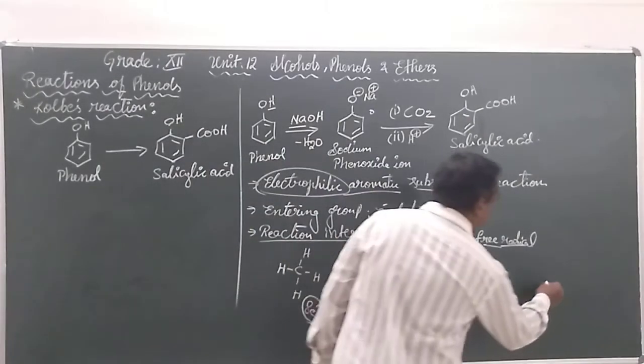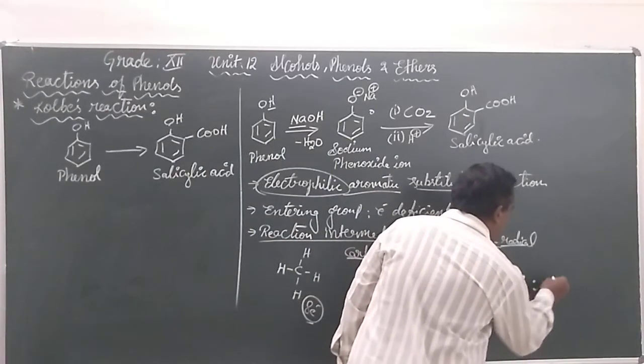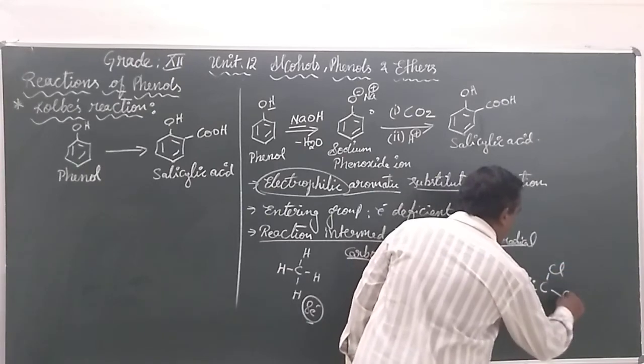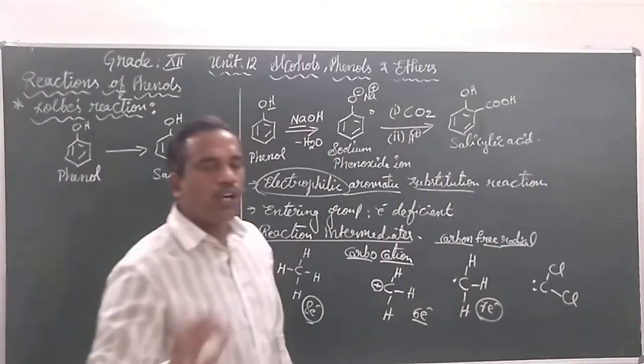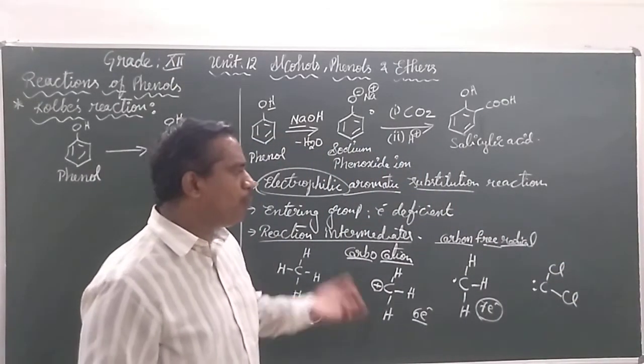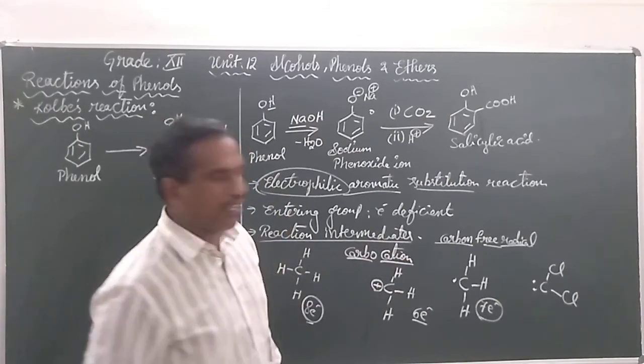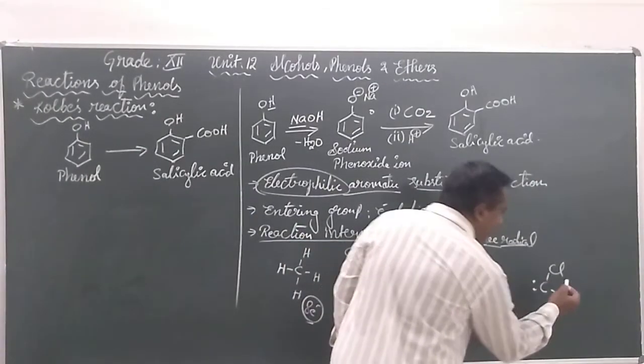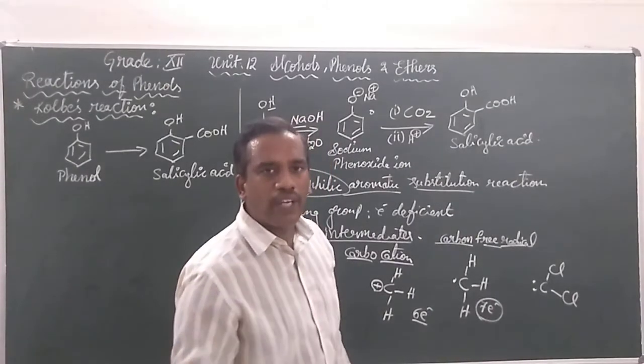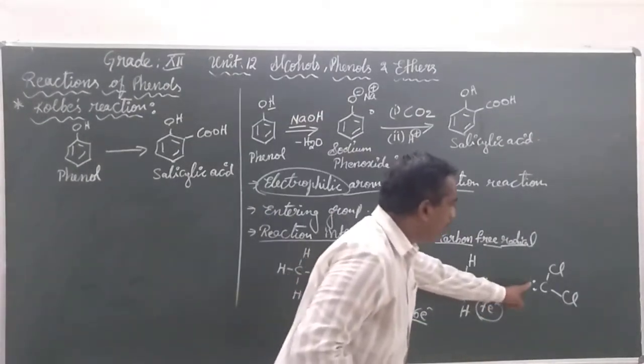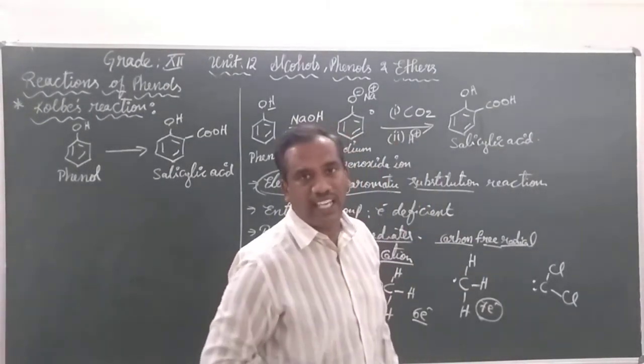Now we are going to study a carbon that is going to have only 2 bonds with some group of atoms, like the chlorines given here. 2 bonds means 4 electrons, and 2 free electrons it is having.